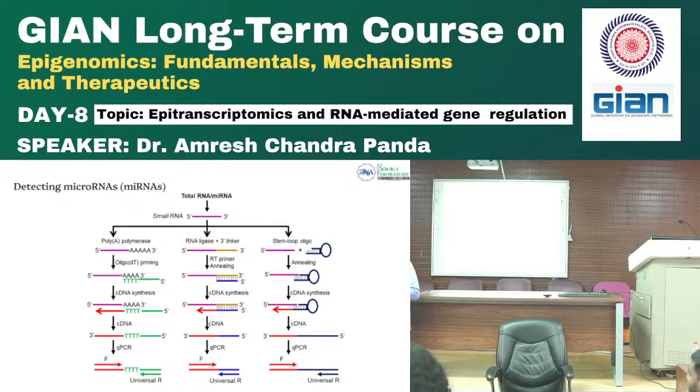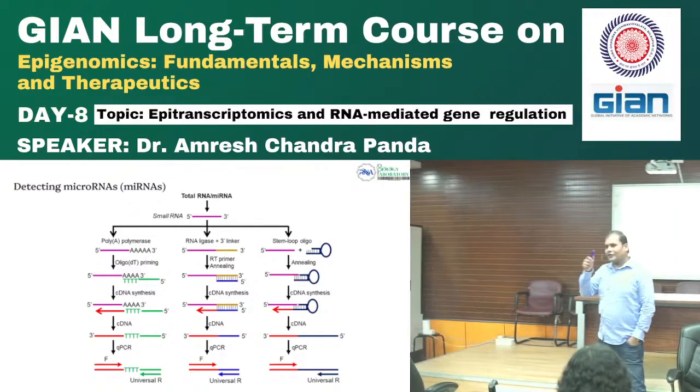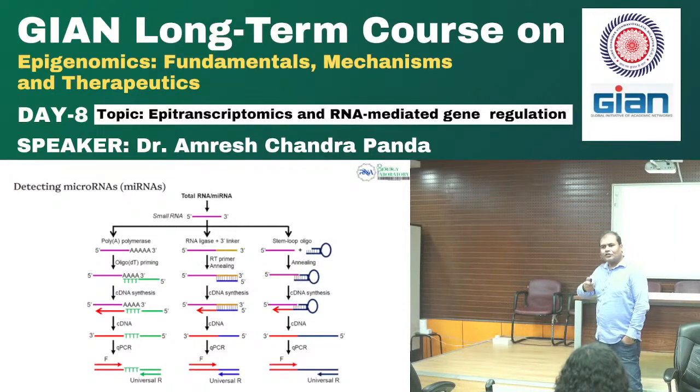Add a poly-A tail. mRNA has a poly-A tail, so just add a poly-A tail, and then for the cDNA synthesis use oligo-dT with a universal sequence or adapter sequence that will act as your reverse primer. Then the forward primer is your microRNA primer. You can amplify. The other way is to ligate an adapter to the end of the microRNA, so that you have the microRNA and the adapter sequence.